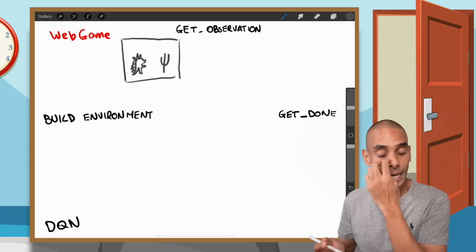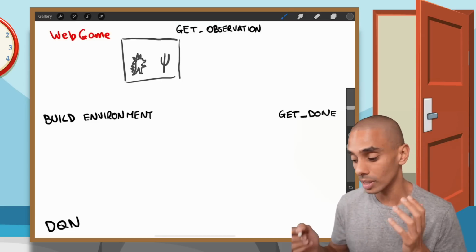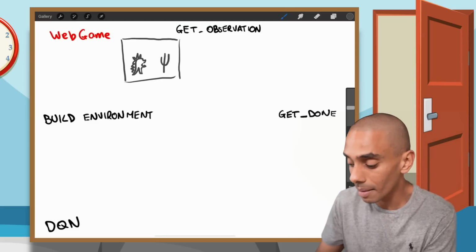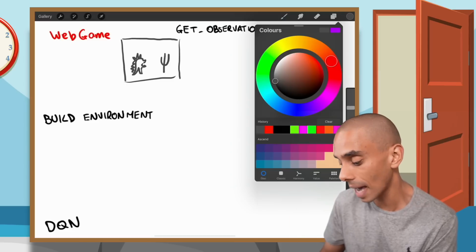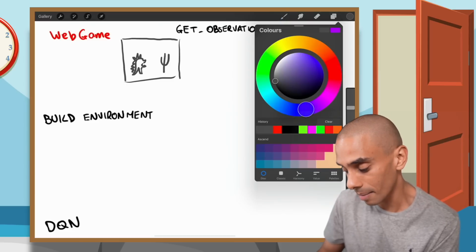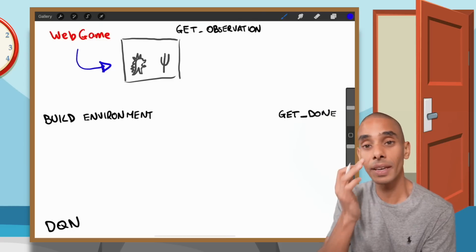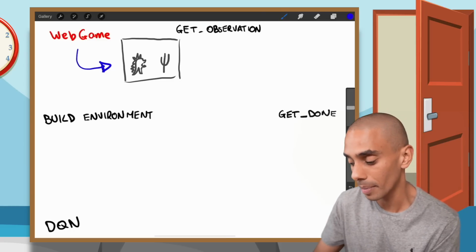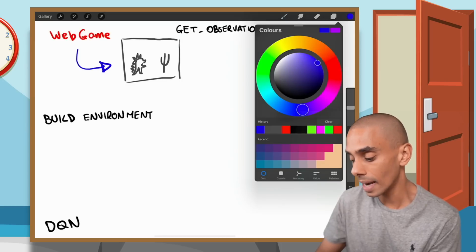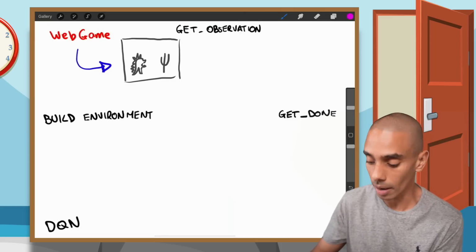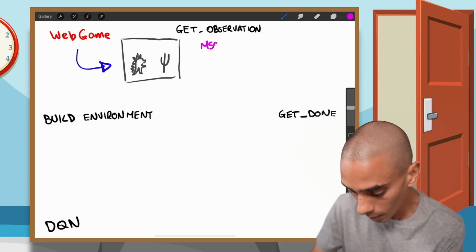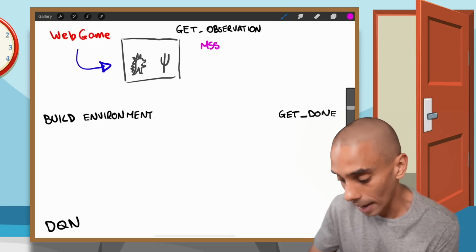So what we're actually going to need to do is implement a function which is able to extract a couple of things. Namely, this is going to be wrapped up inside of our web game environment, but our web game environment is going to be hooked up to this game. Specifically, the first thing that we're going to need to do is implement a get observation function. In order to do this, we're going to be using a library called MSS, and this allows us to perform a screen capture.